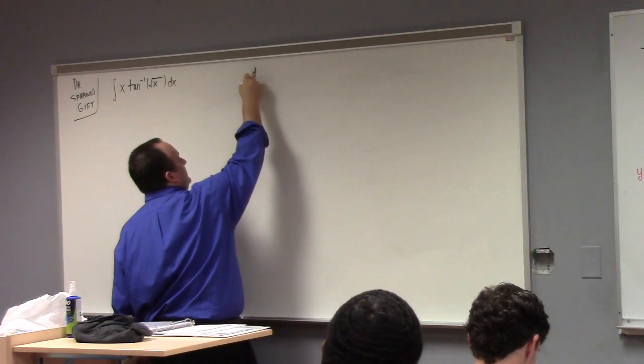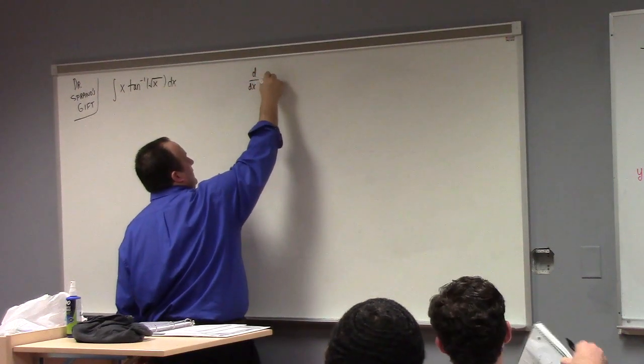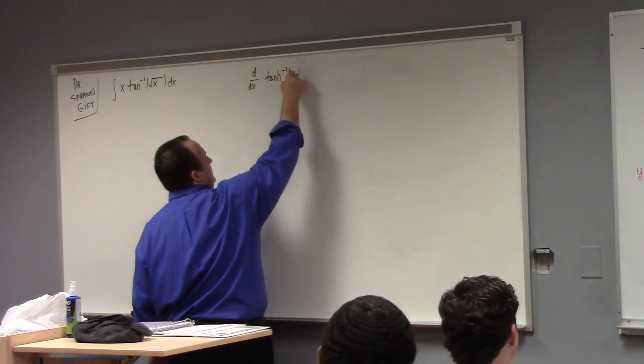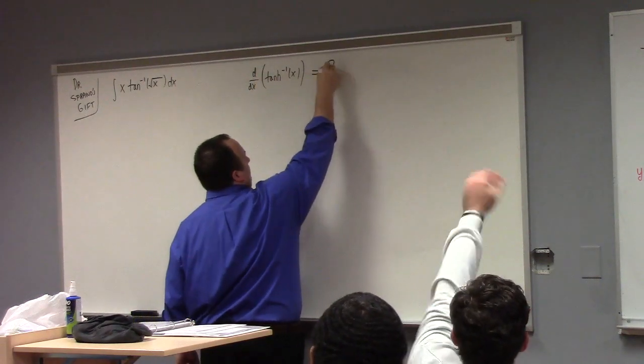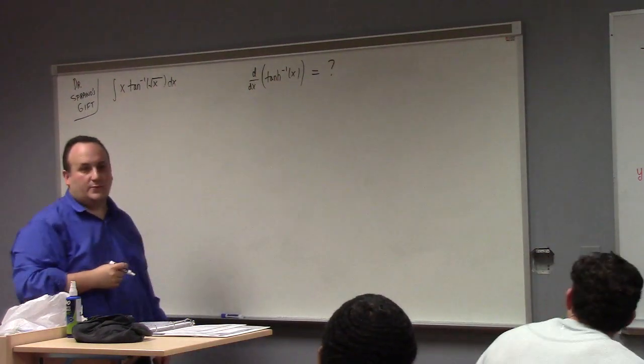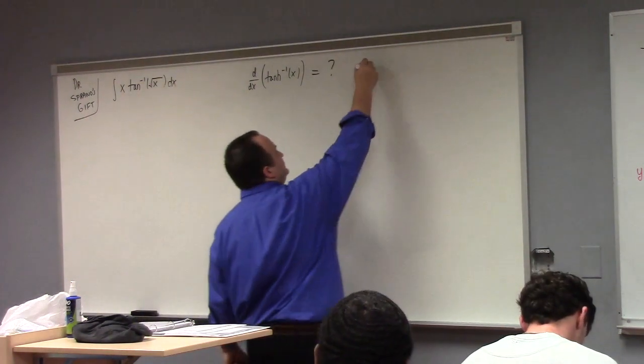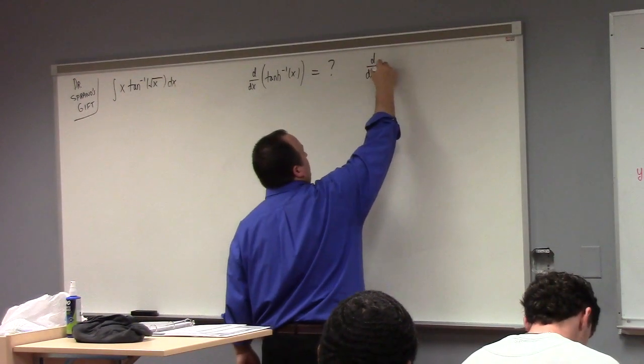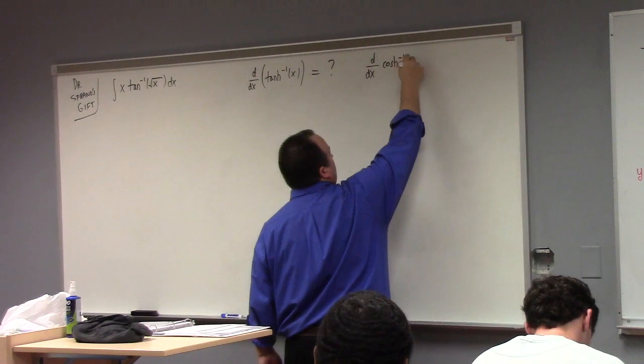What would the derivative with respect to x of inverse tangent of x be? What's the derivative with respect to x of inverse cosh of x? Let's work on that one.